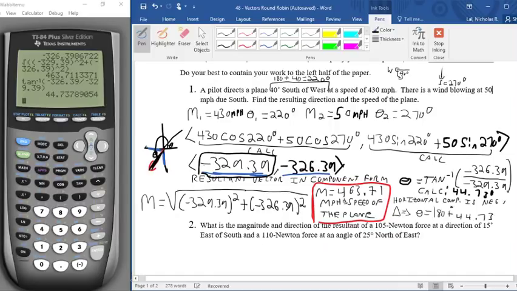Remember, 44.73 was our calculator output.